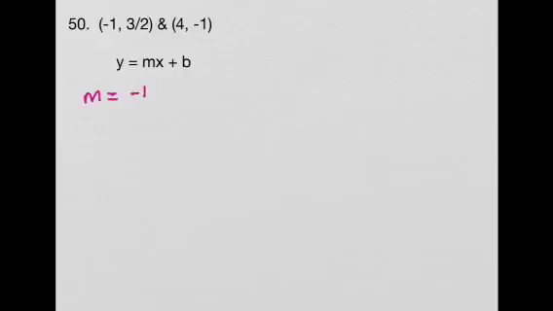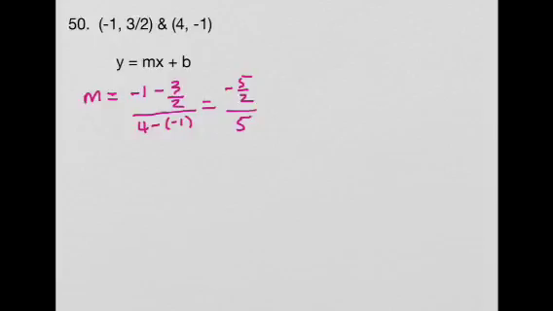So the difference in the y's over the difference in the x's. So -1 minus 3/2 is, well, remember 3/2 is 1.5. So this would be -2.5 in the numerator, which is the same as -5/2. In the denominator, you get 5.